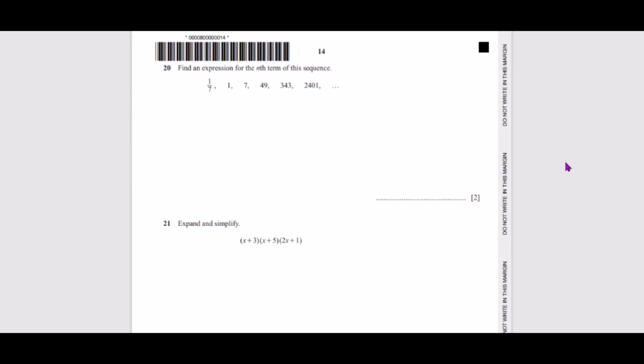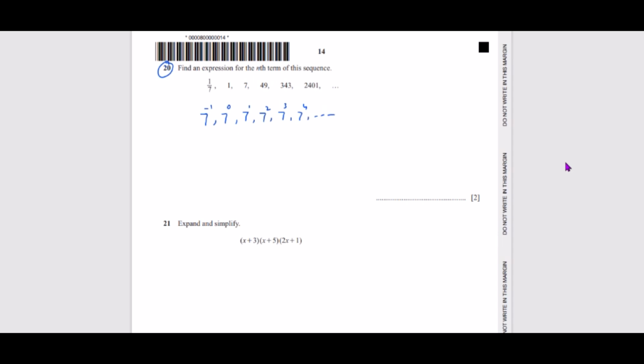Question number 20. 1/7, 1, 7, 49, 343, 2401. So we see that if we write this number as 7 raised to the power minus 1, and 7 raised to the power 0, 7 raised to the power 1 and 7 raised to the power 2, and 7 raised to the power 3 and 7 raised to the power 4, and so on.